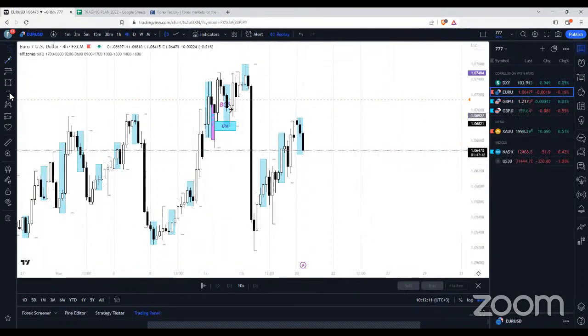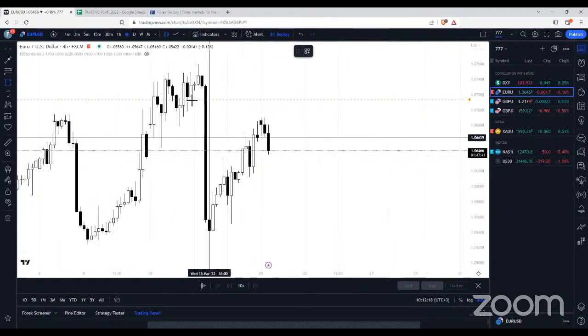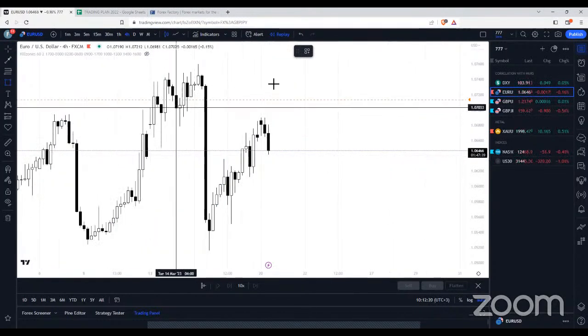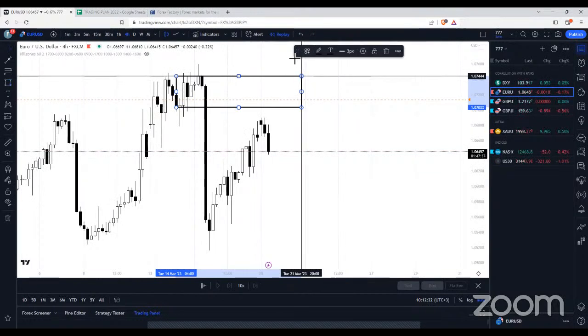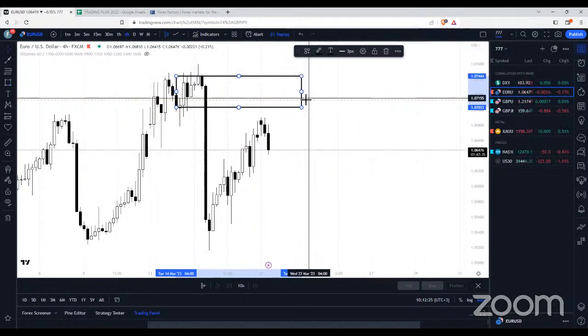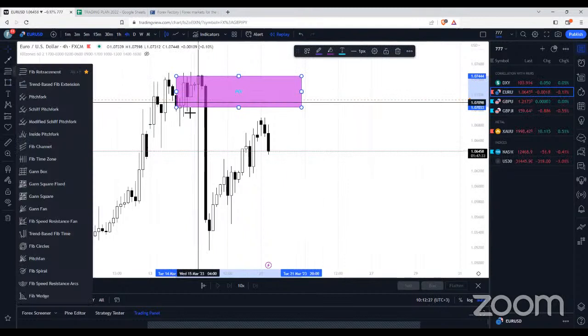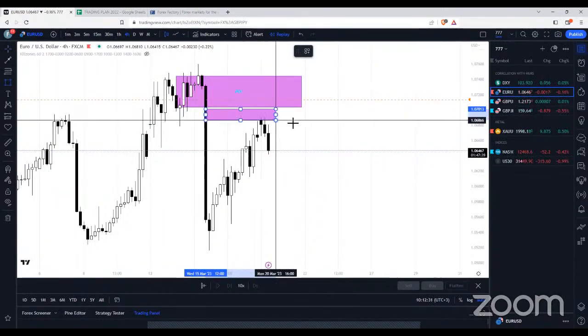Now, what we like to identify, let's clear this chart up, right? I like to identify that point of interest. I also like to identify the imbalance that's within that point of interest or below it, which we have right here.